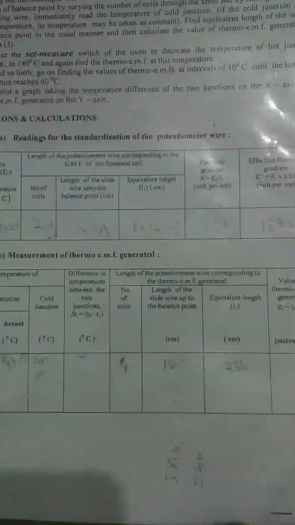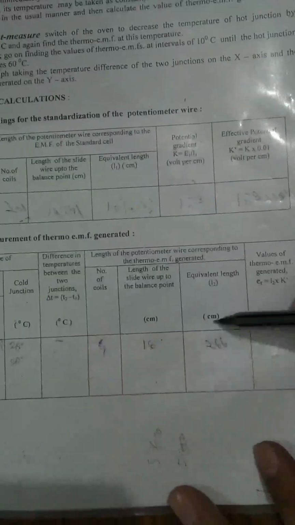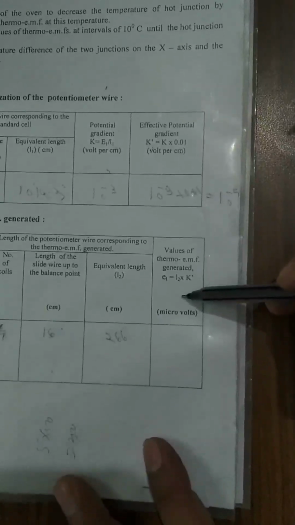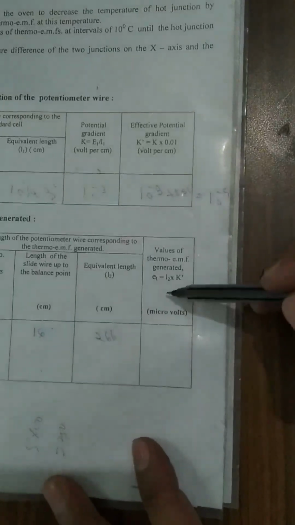Okay, in this way all these readings will be provided to you. This column you have to calculate, and then this column you have to calculate. The difference of the temperature you have to calculate, and then the equivalent length L2 also you have to calculate, and then ET in the last column you have to calculate by yourself. That can be calculated by ET equals L2 into K prime.